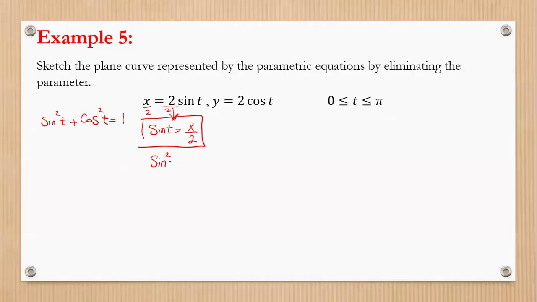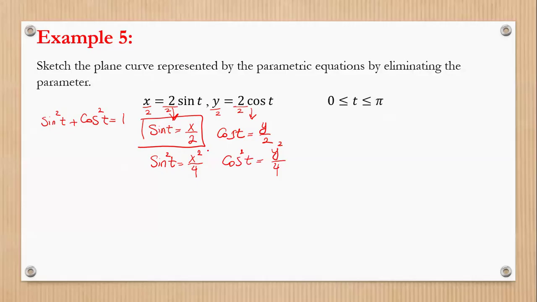Okay, square both sides, and we get x squared over 4. I need to find cosine from this equation as well by dividing both sides by 2. So cosine of t must be equal to y over 2. And if I square it, I get cosine squared, which is equal to y squared over 4.